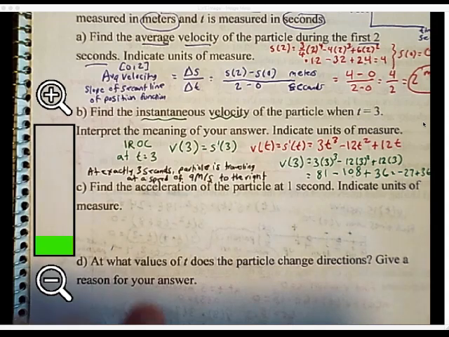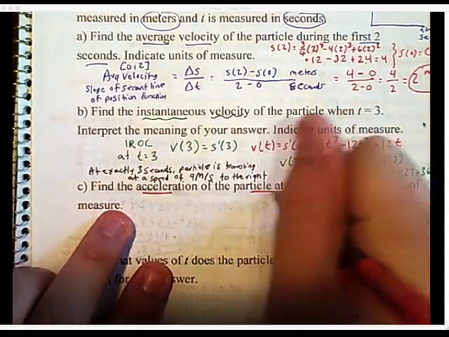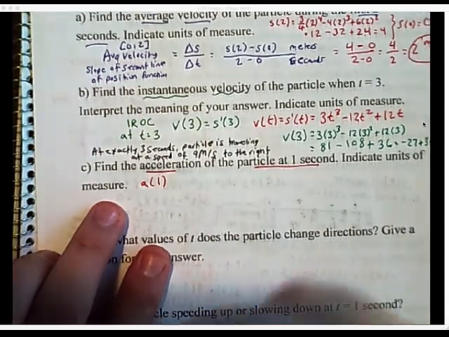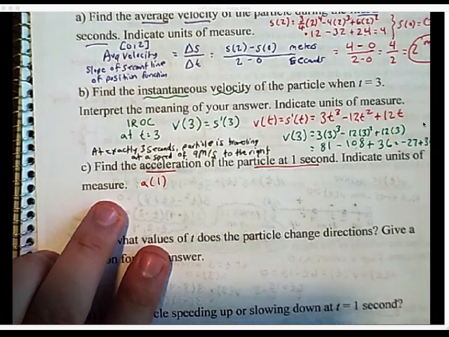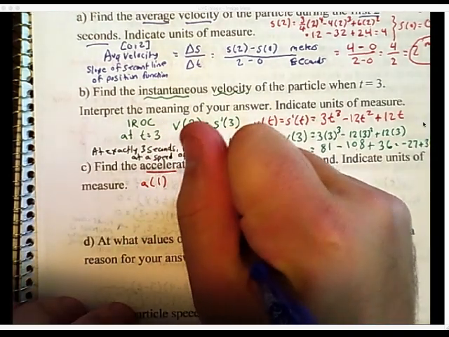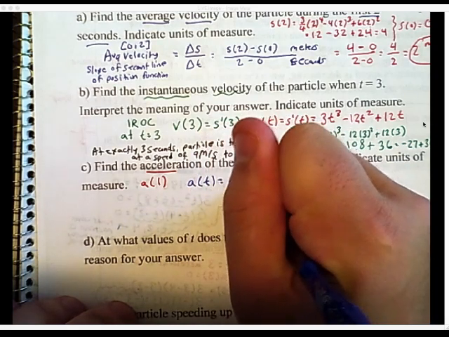All right. So part C, it says find the acceleration of the particle at 1 second. So it's asking for a of 1. Before I can find a of 1, I have to figure out what a of t is. How do I find a of t? a of t, the acceleration, is the derivative of velocity.